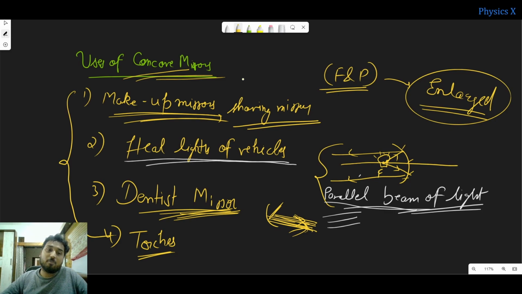That is the mirror formula, and then we will subsequently solve numerical problems on this reflection topic, and that will wind up the reflection concept of light. So this is all for today's class. We will see the next mirror, that is the convex mirror, in the next class.